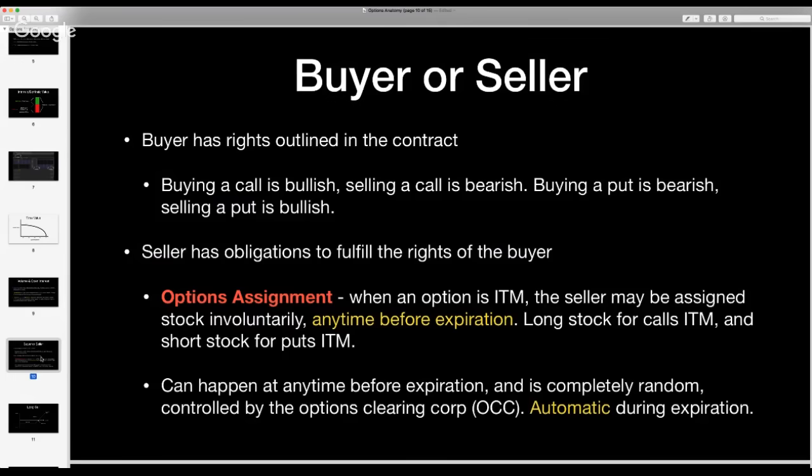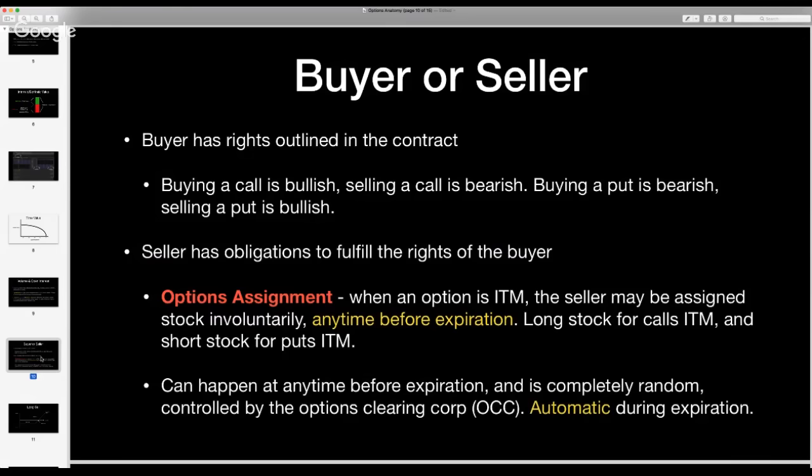The opposite side of that, the seller, has obligations to fulfill the rights of the buyer. All right, so they're taking the opposite side. The buyer is taking on a call, thinking that things are going to go up. The seller is thinking the exact opposite, thinking, no, I think things are going to go down. So selling a call, even though it is dealing with a long option, selling a call is bearish.